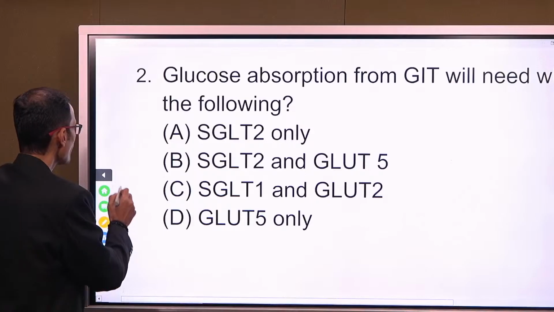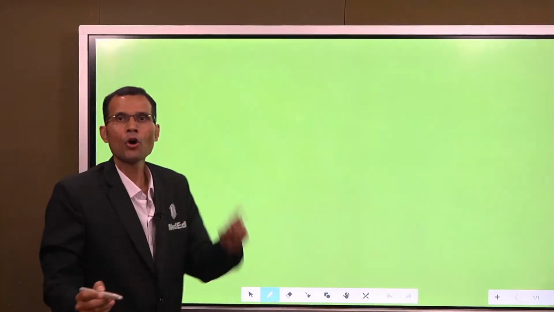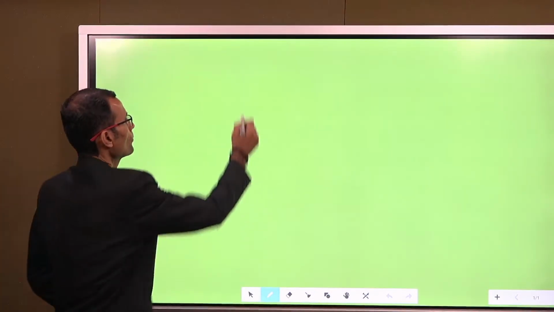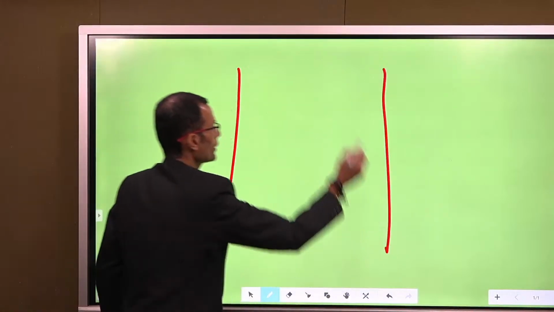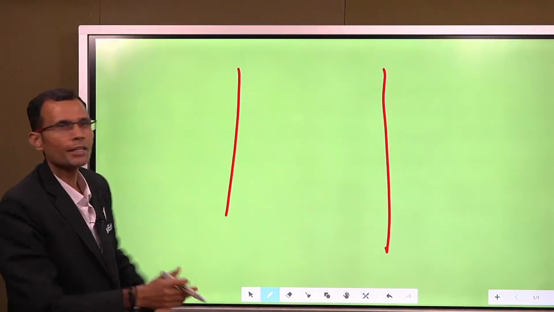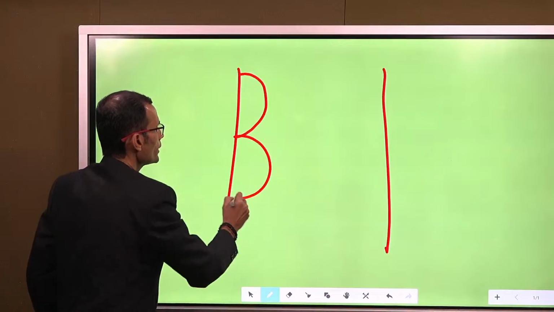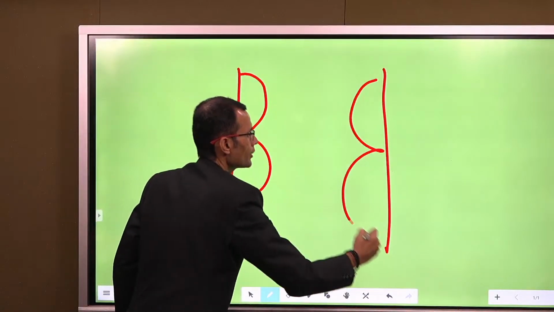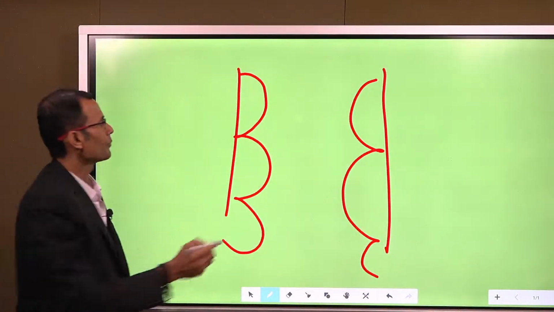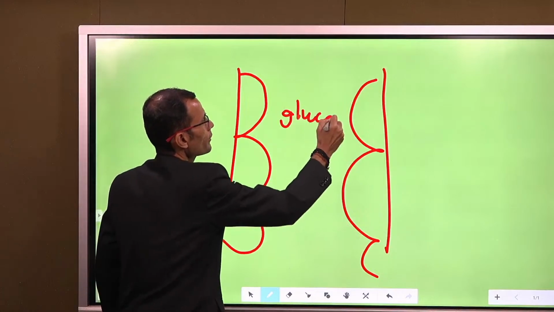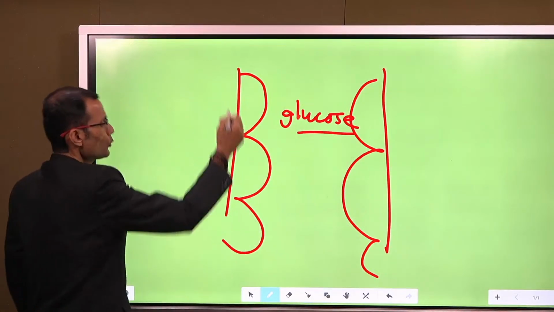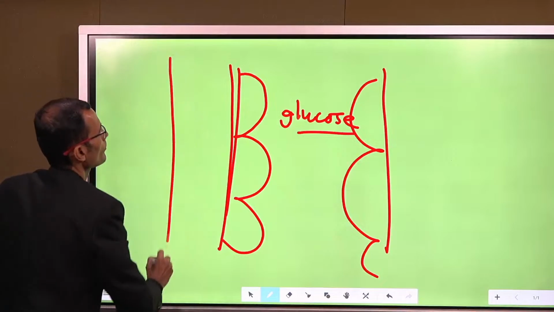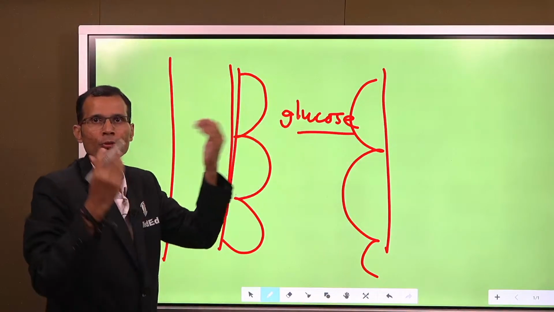Look, glucose absorption from the gut occurs like this. Here is a part of the GIT, and here are the cells lining the GIT. Glucose in the lumen has to enter the blood vessel. This is the glucose that you have consumed.